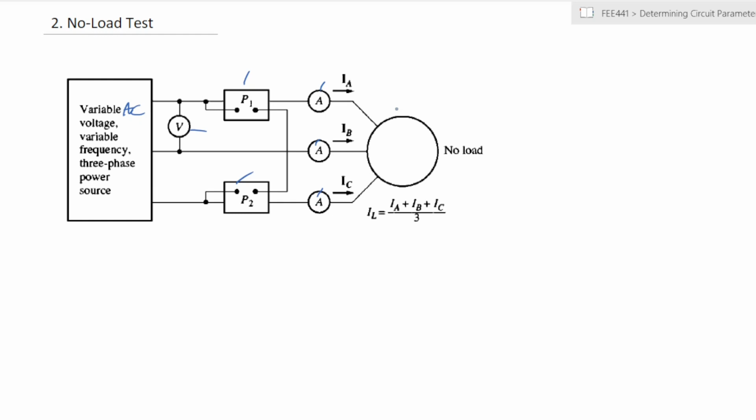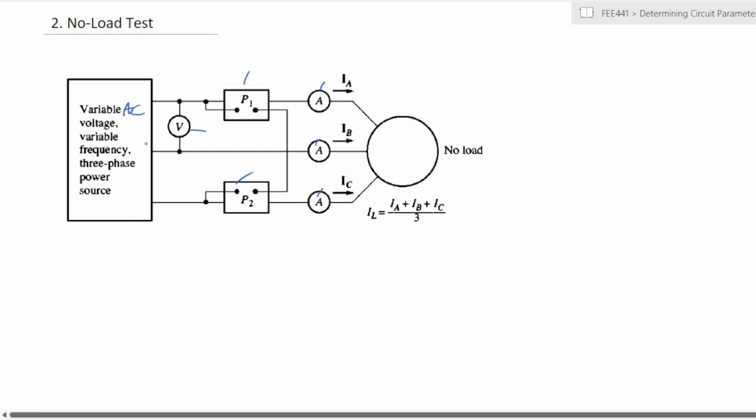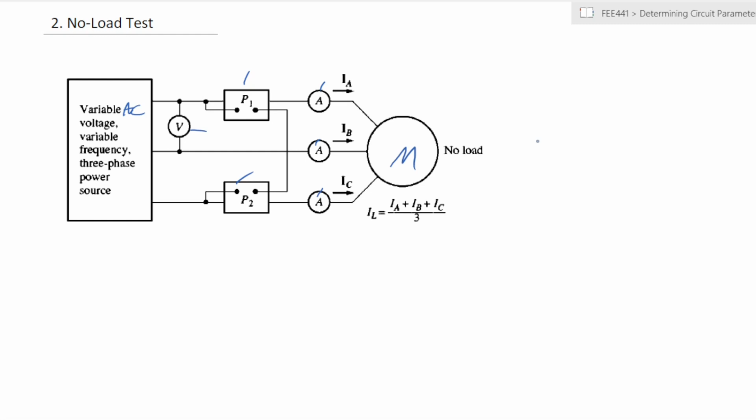Now, the reason you are able to measure the rotational losses is that, as the name suggests, no load is connected to the motor. It means that you simply connect the motor directly to power without any load being connected to its shaft. We are talking about mechanical load.